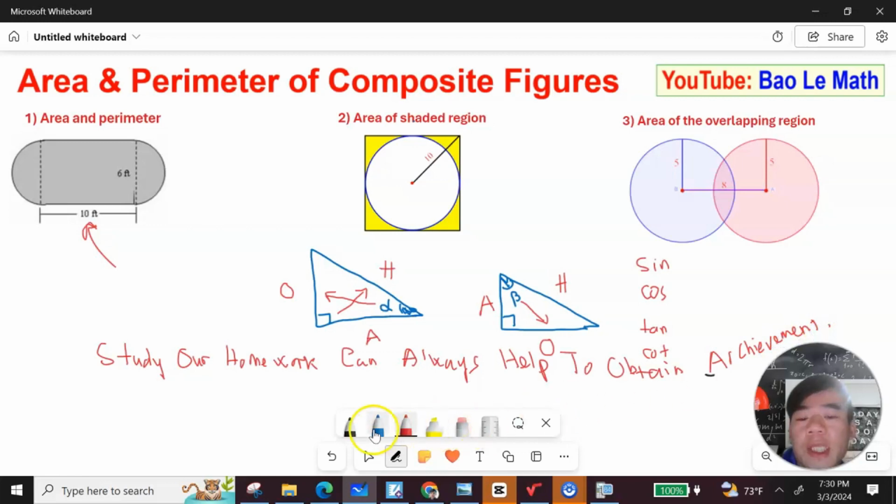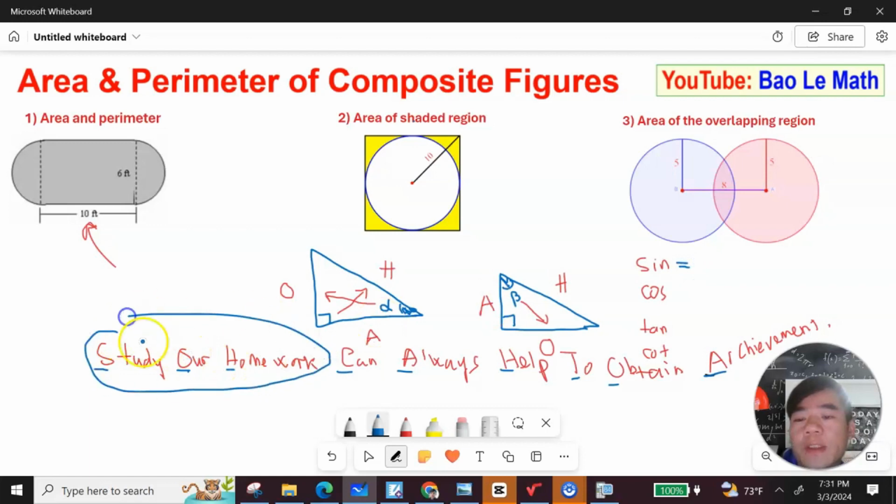Now look at the first letter of each word: S, O, H, C, A, H, T, O, A. Sine equals opposite over hypotenuse.